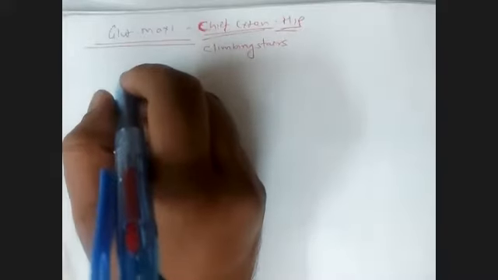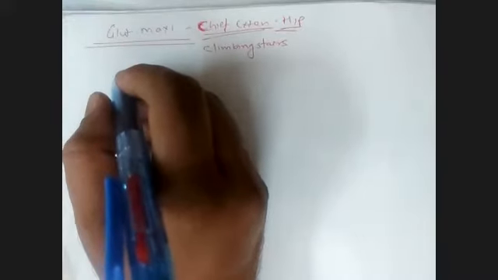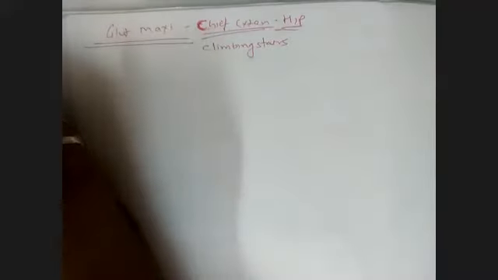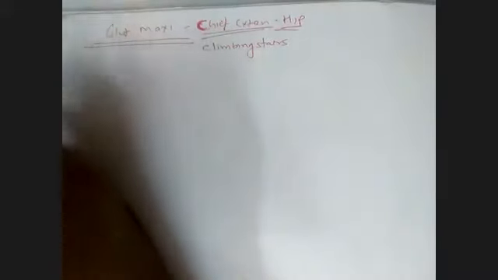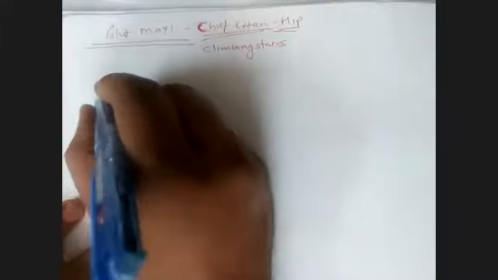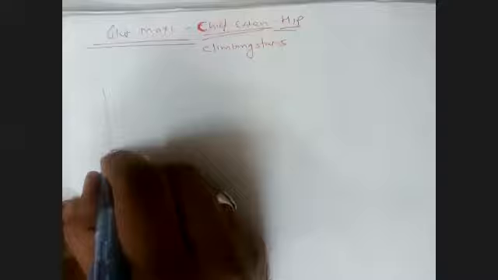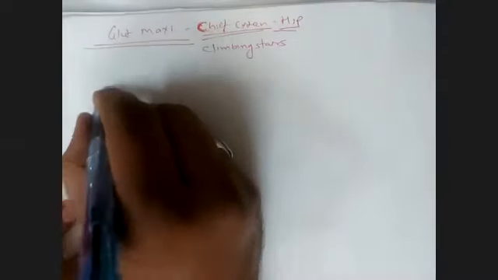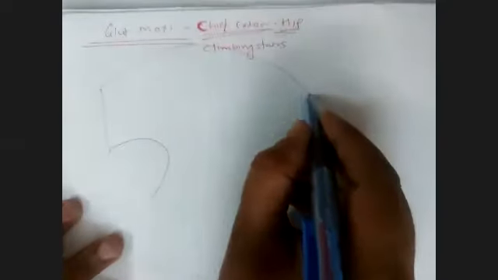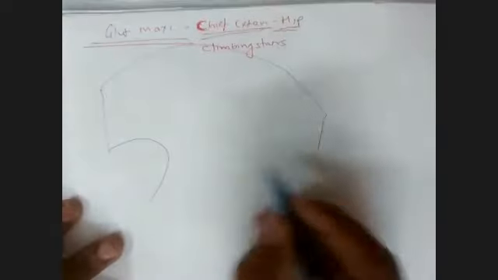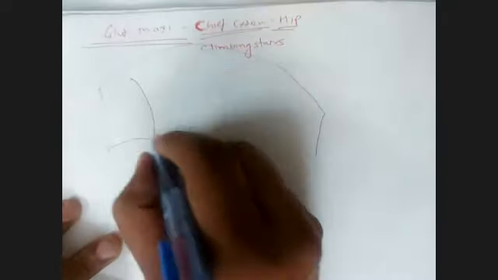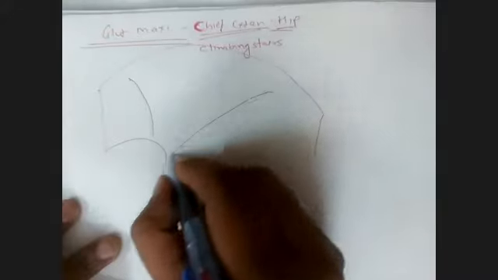For the sites of origin, we have to go back to the hip bone anatomy. This diagram of the hip bone we need to understand for the origin of gluteus maximus, medius and minimus. We see the gluteal surface of the hip bone, and on it three lines, 1, 2, and 3.